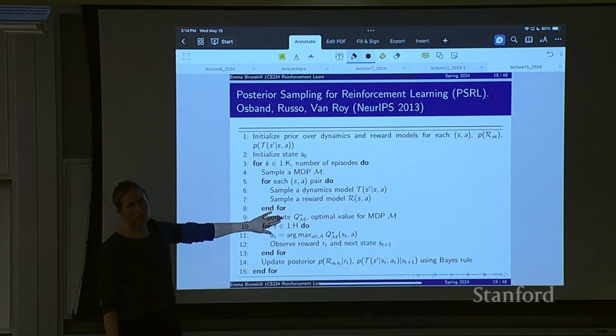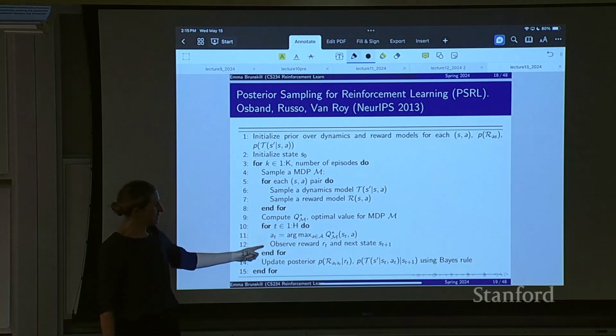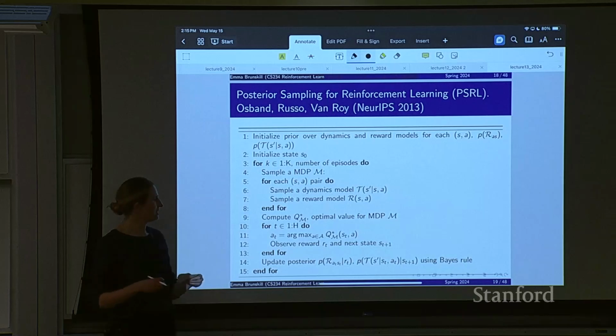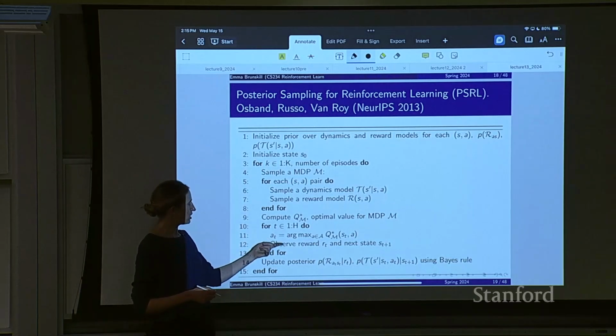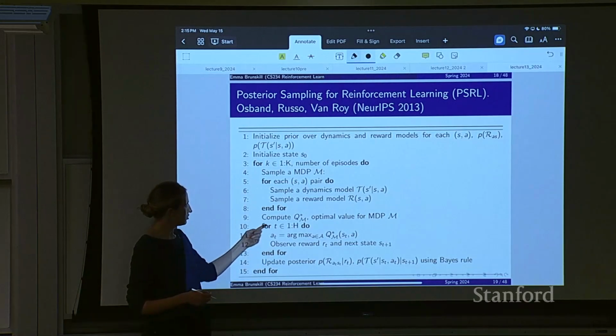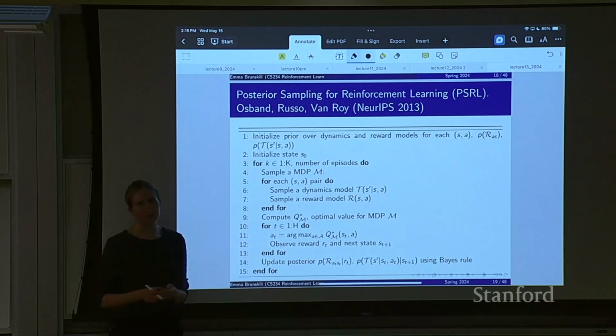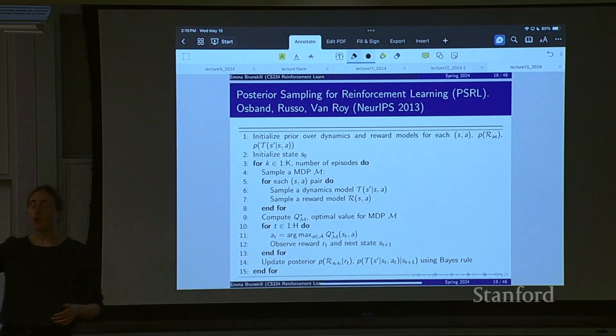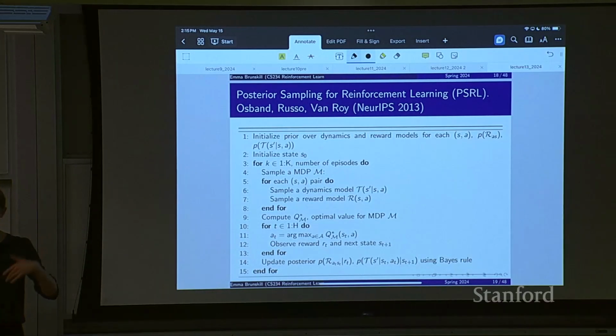So this computes a Q star for the entire episode. You're then just for t equals 1 to H, you're going to assume your episodes are finite. You're going to act according to your Q star, observe your reward and your next state, and repeat. Okay. At the end of the whole episode, you're going to take all of the data that you just got, and you're going to update your posterior.